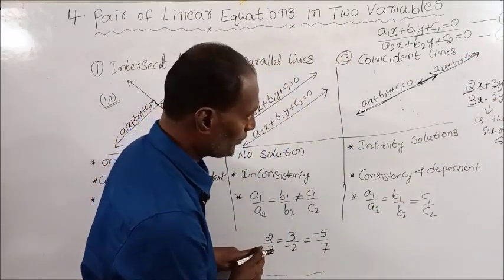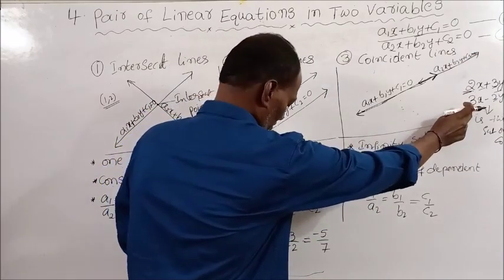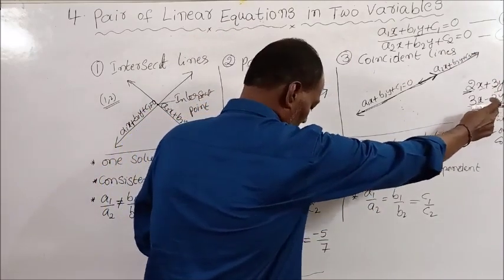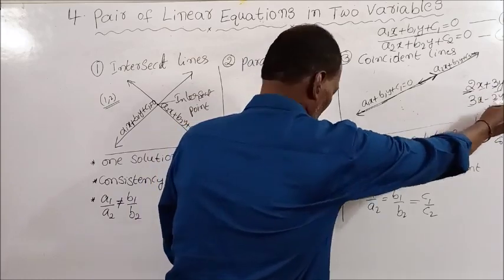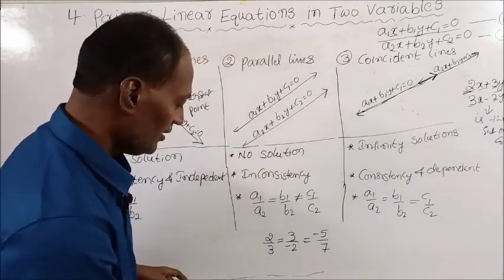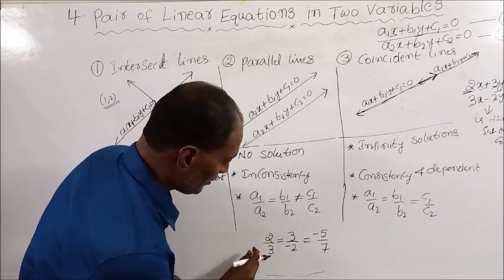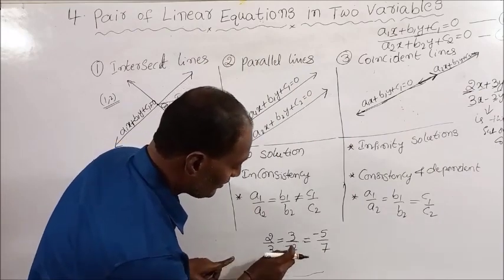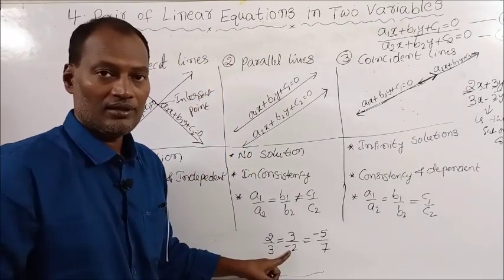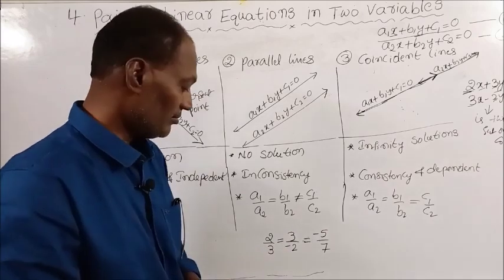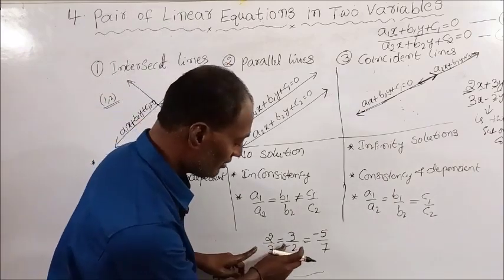a1 by a2, b1 by b2, c1 by c2. 2 by 3, 3 by minus 2, minus 5 by 7. Are these values the same? No, 2 by 3 is not equal to 3 by minus 2.